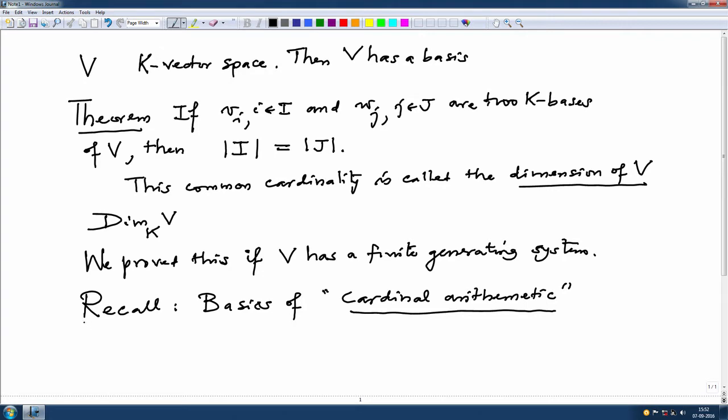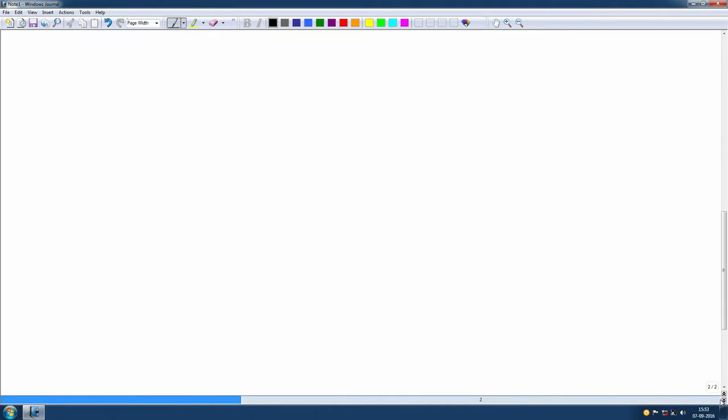Many of the results will need to use Zorn's lemma or the axiom of choice. So, I will skip the proofs, but I will write the proofs in the notes. Okay, so let us recall. This is cardinal arithmetic.